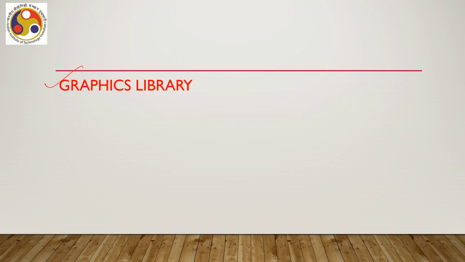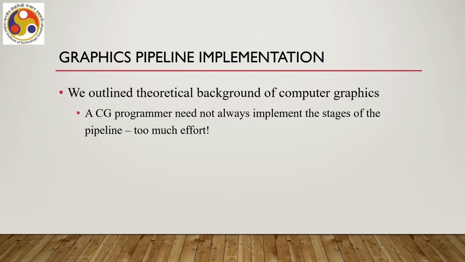In the preceding discussion we got some idea of the computational complexity involved. Now, let us shift our focus to the implementation of such graphics pipelines for the benefit of the developer. Earlier we outlined the theoretical background of computer graphics. Now, a CG programmer need not always implement the stages of the pipeline, that will be too much effort.